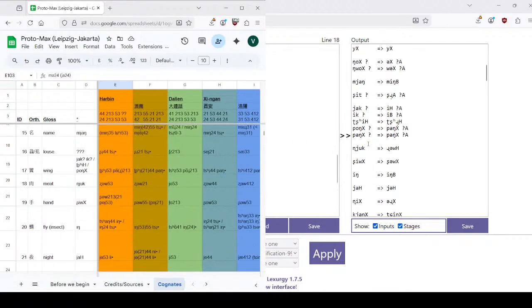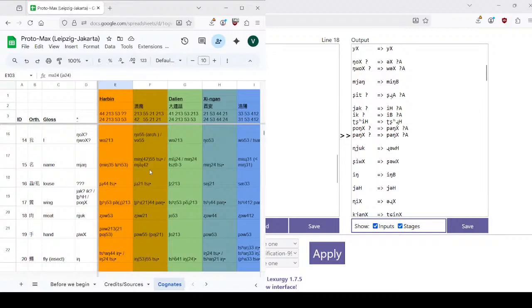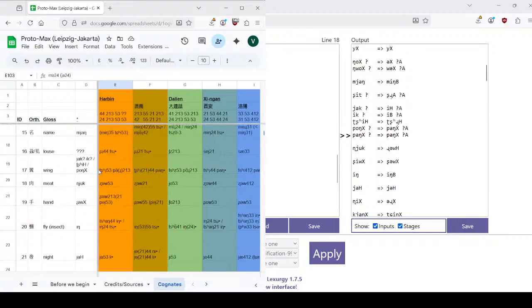Anyway, Wing is very poorly conserved in all of these languages, but I think the one that makes sense as the ancestor to Harbin would be Qi Bong or Qi Bang. So that turns into 翅膀, but then they roticized it, so it's 翅膀.